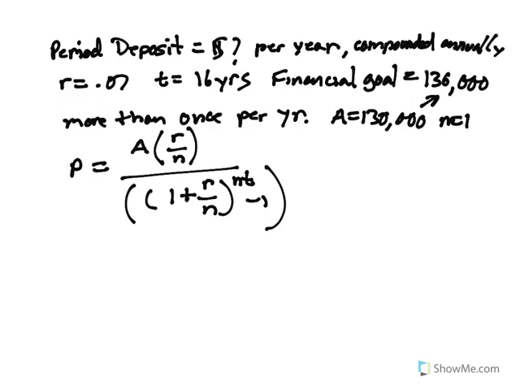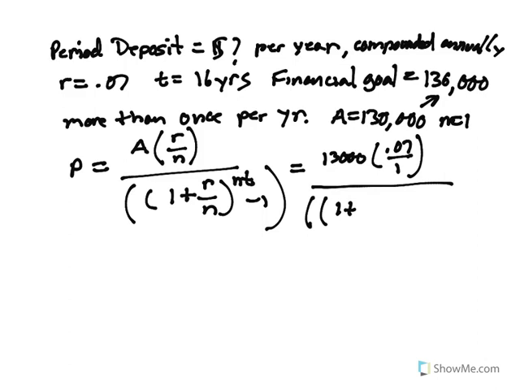All right, then we just plug everything into the formula. Okay, so here we go. We are going to have 130,000 times the rate, which is 0.07 divided by n. N is 1. Okay, divide that by 1 plus 0.07 divided by 1, times 1 times t.